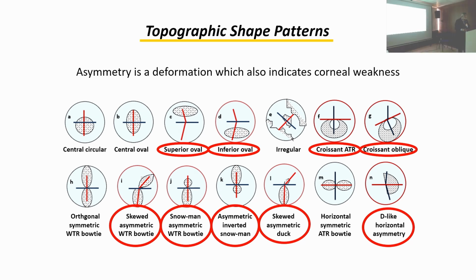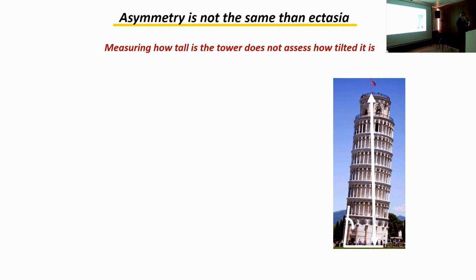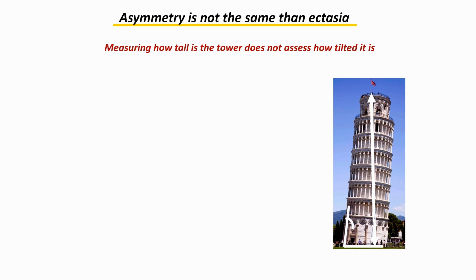Okay, and I want to point out that to measure asymmetry is not the same as to measure ectasia. To measure how tall the tower of Pisa is, we are not measuring how tilted it is. They are two completely different parameters.